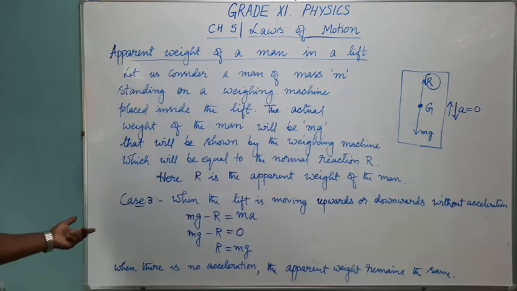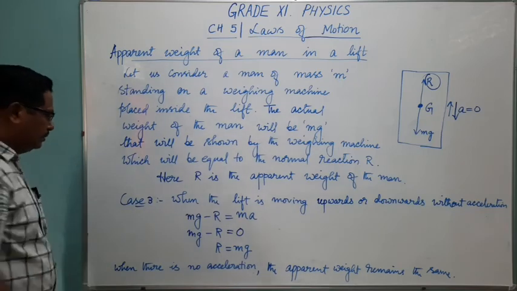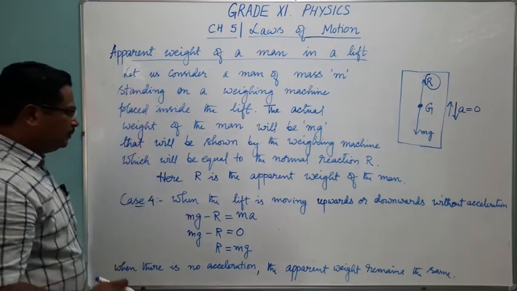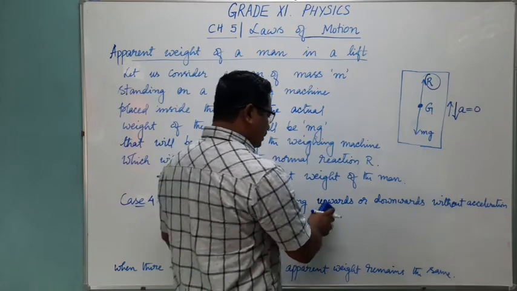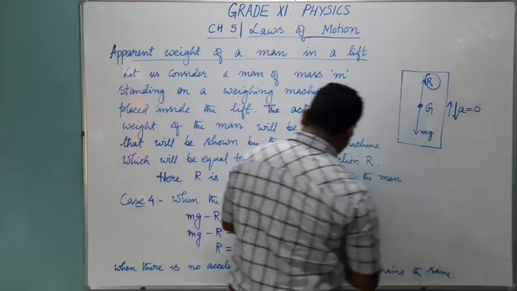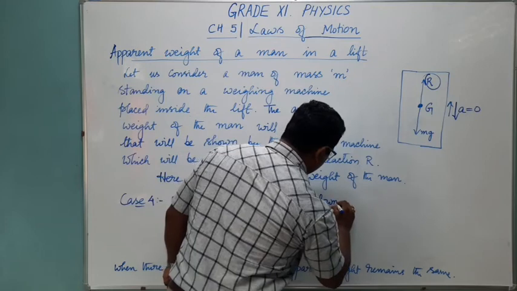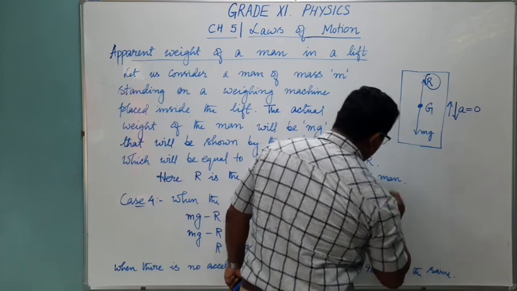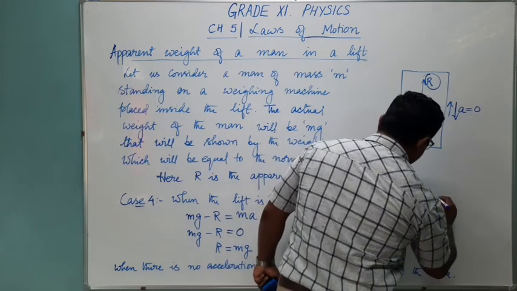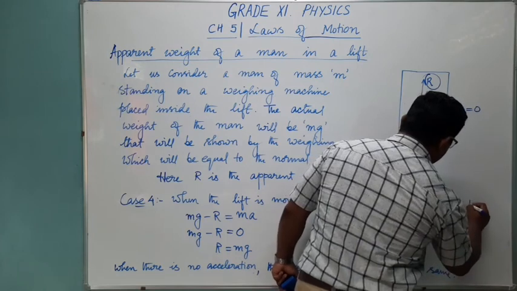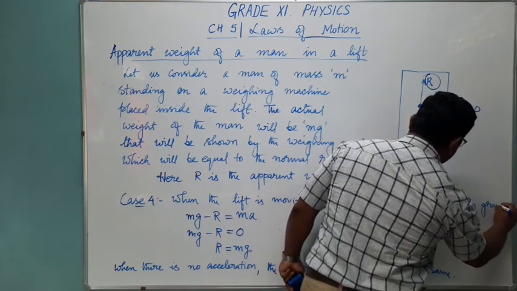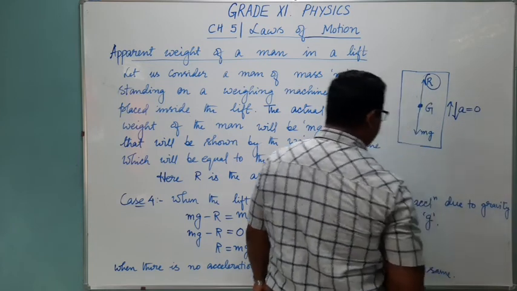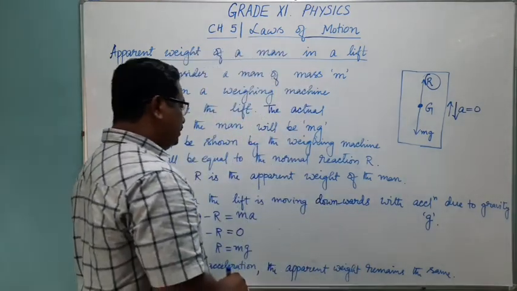Now, lastly, we'll study the fourth case, case number 4. When the lift is moving downwards with acceleration due to gravity g of the earth.